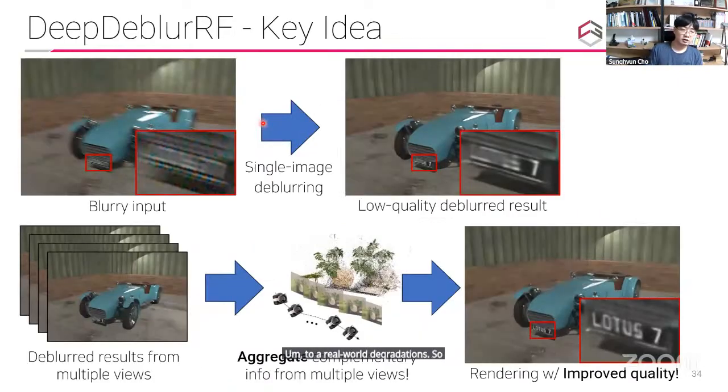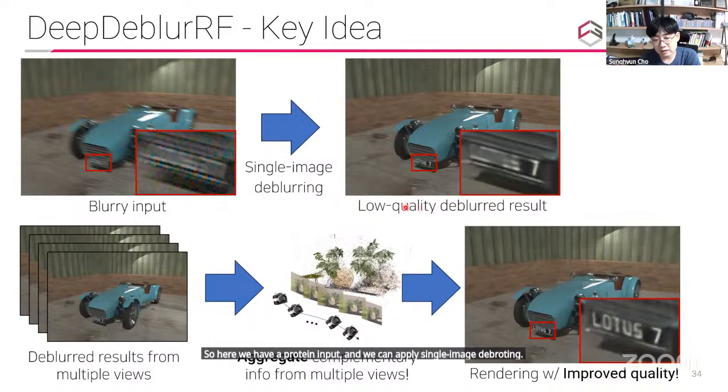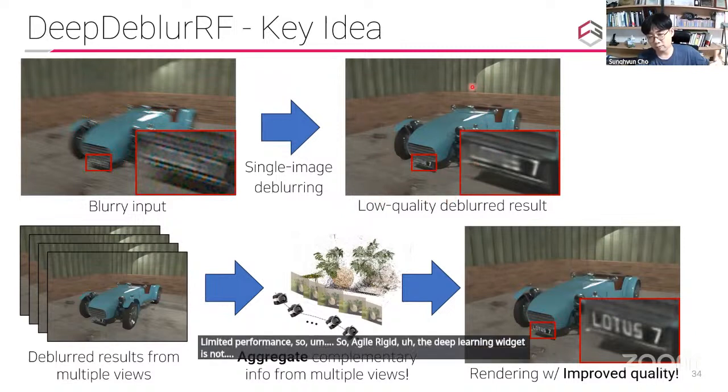So the key idea of Deep Deblur RF is like this. Here we have a blurry input, and we can apply single image deblurring. And as I said, single image deblurring has limited performance, so the deblurring result is not of really high quality.